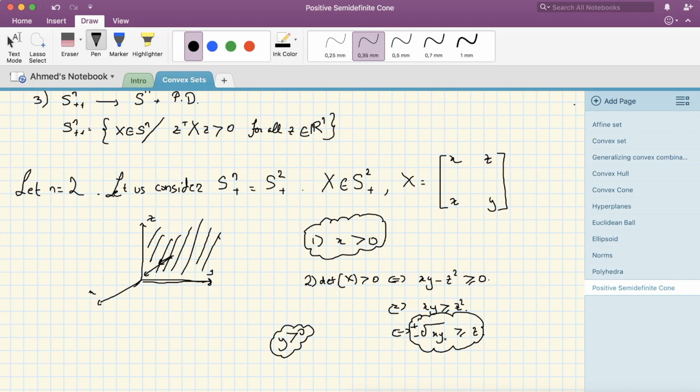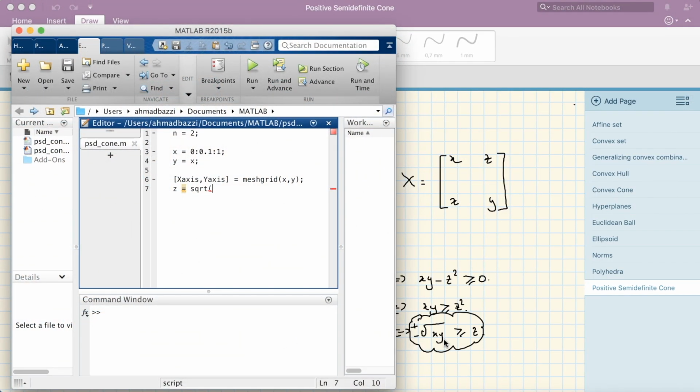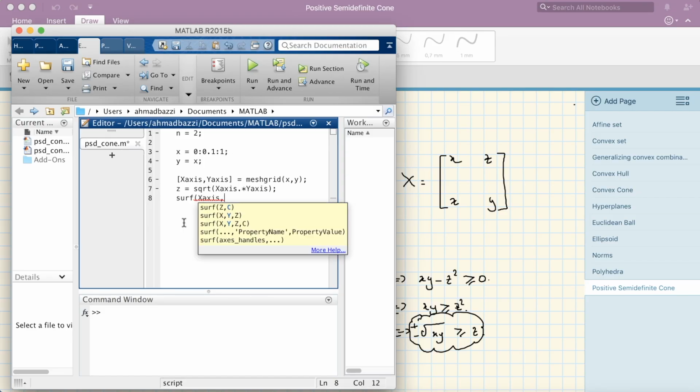Now let's go back to MATLAB and impose those conditions and then plot and see how the plot would look like, right? So let's see how z equal to root xy would look like. So the x-axis times the y-axis. How do we plot that? So if I remember correctly, I have x-axis, then the y-axis, then z, something like that.